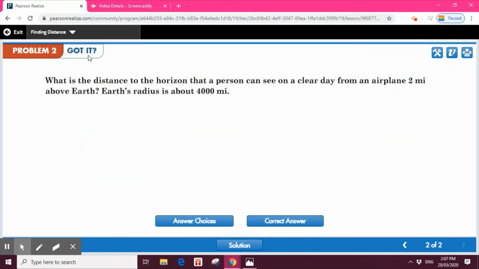Topic number 2. Question: what is the distance to the horizon that a person can see on a clear day from an airplane 2 miles above Earth? Earth's radius is about 4,000 miles. I'll give you a chance to answer this question.